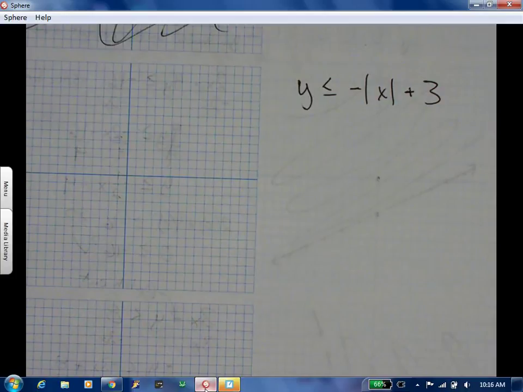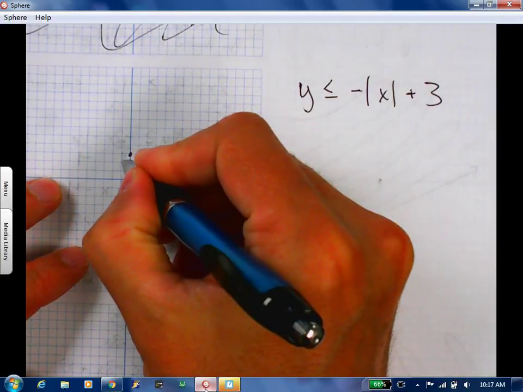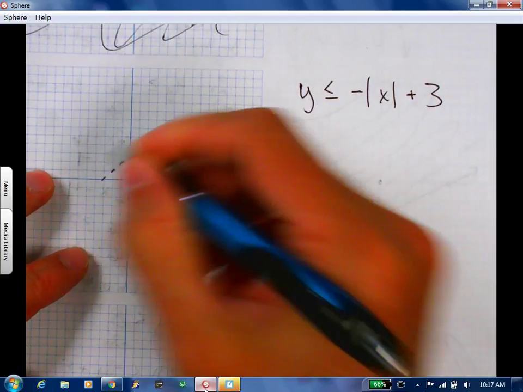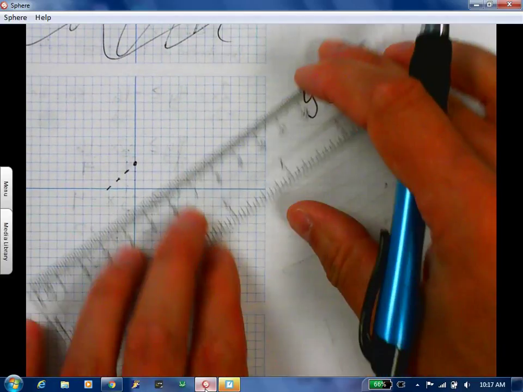Think of it as an opposite sign. So the opposite of the absolute value of x. It's going to be an upside down V. Am I going to move the graph left and right at all? No. Up 3, and then the graph points down. We're going to start up here at 3. Slope is -1. This one you should connect.